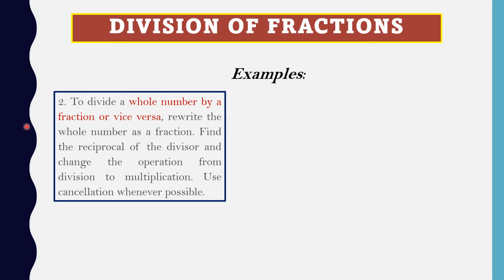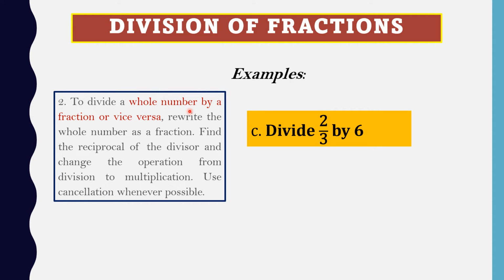Another rule. Same rule, but we will have another example. In this case, our divisor is a whole number. So we write it as a fraction. We will have 2/3 divided by 6/1.